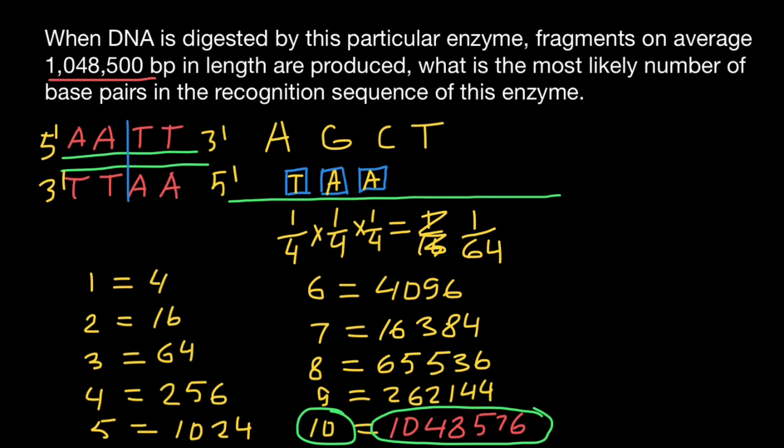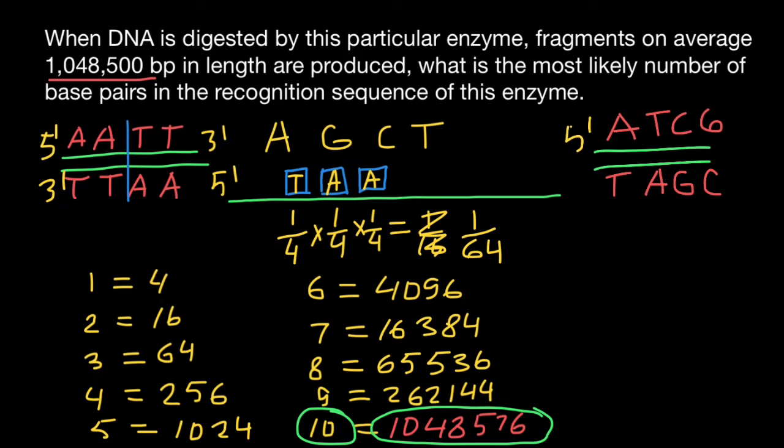But if the sequence is not palindromic, again, let me use a different example. Let's say we have A, T, C, G. Then on the other strand of the DNA, we are going to have C, G, A, and T. Again, 5' end and 3' end, 5' end and 3' end.